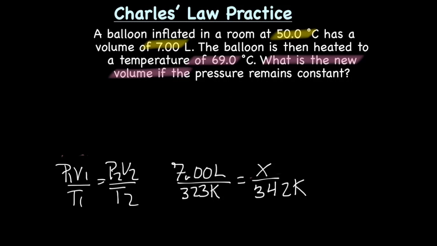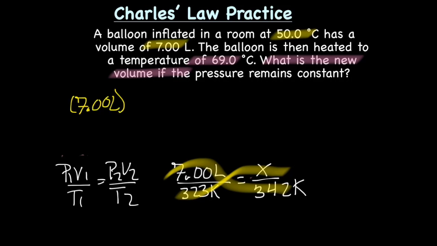So now to solve a problem where we have two fractions with an equal sign in between, we cross multiply. So we're going to have 7.00 liters times 342 K equals 323 K times X. Now let's go ahead and multiply.